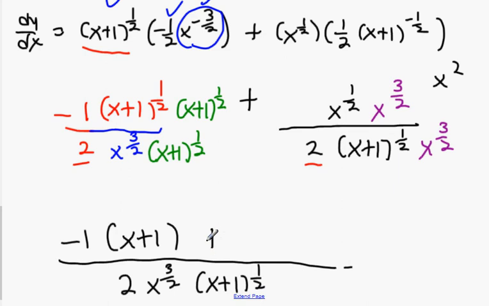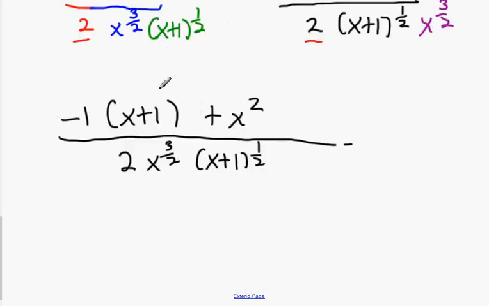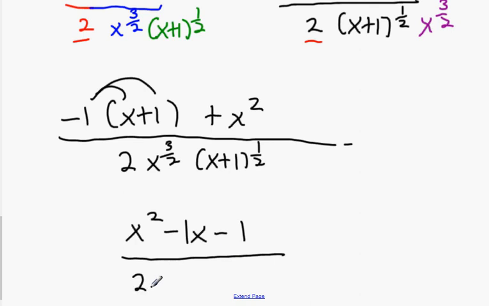Okay. Now, finally, we're going to multiply it out, and we're going to have x squared minus 1 on top. Can't do anything with that whatsoever. And on the bottom is going to be 2x to the power 3 over 2, and then x plus 1 to the power of a half. And that's all there is. There's no way around that.